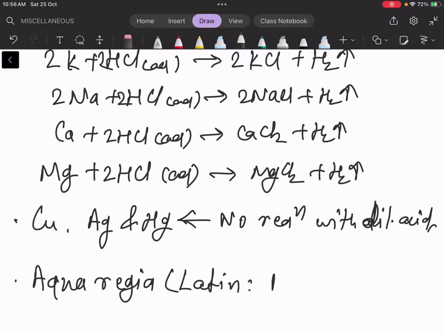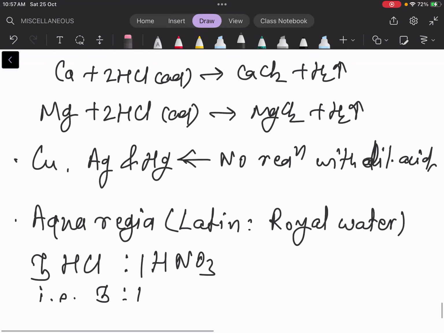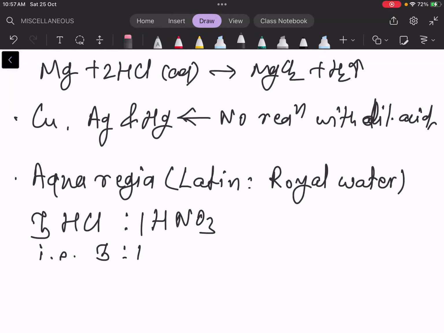It is a freshly prepared mixture of concentrated hydrochloric acid with nitric acid in the proportion 3:1.